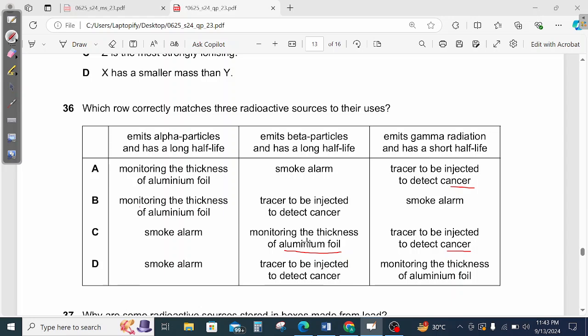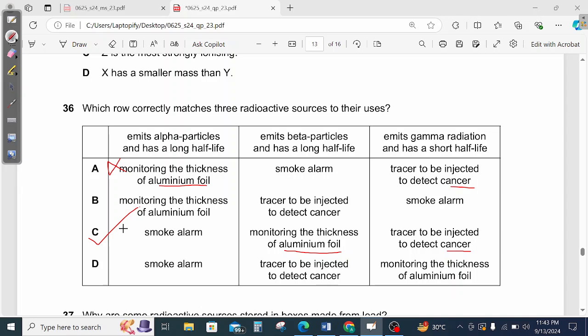So we can use aluminum foil to check the penetrating ability. Alpha particle is mostly absorbed by the simple paper of your copy or notebook. So there is no link with aluminum foil. So this is your incorrect option. So your option will be C here.